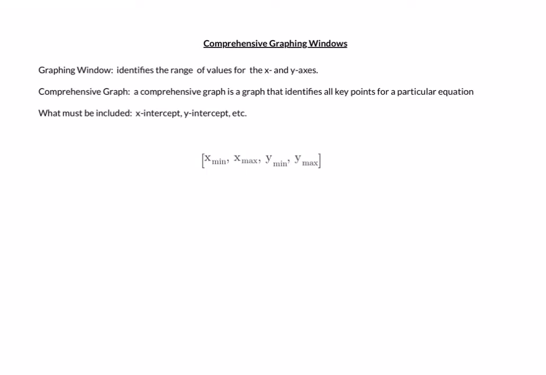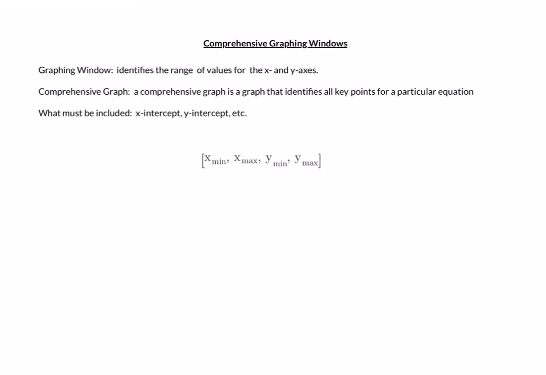These are the x minimum, or the leftmost value, and the x maximum, or the rightmost value. The second 2 numbers deal with your y-axis. They are the y minimum, or the bottommost number, and the y maximum, or your topmost number.